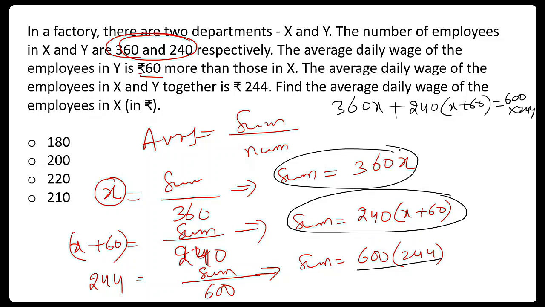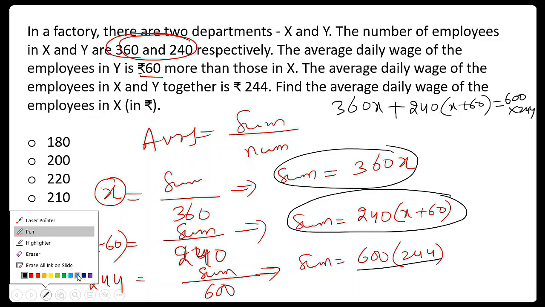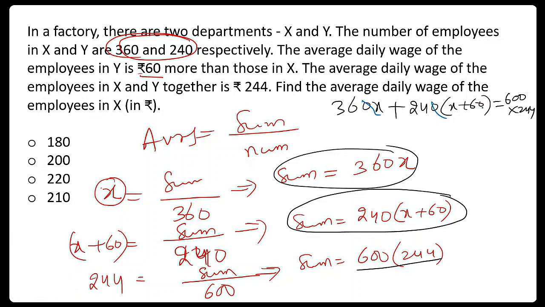Now I am simplifying this. First of all, I'm cancelling 0 in every term on both sides. Next, I'm cancelling 12: 12 threes, 12 twos, 12 fives. So what I got is 3x plus 2 into x plus 60, that is 2x plus 120. On the right hand side, 5 into 244 is 1220.